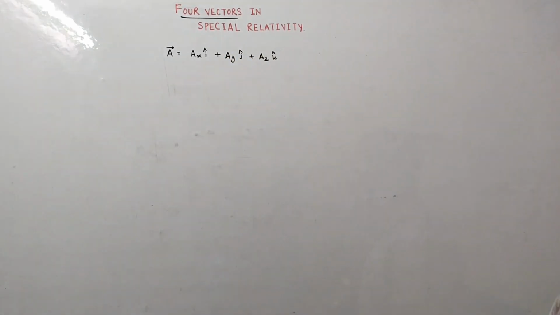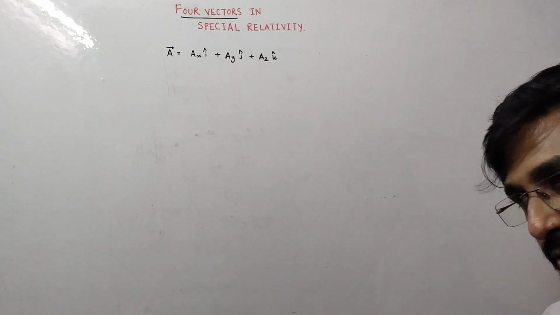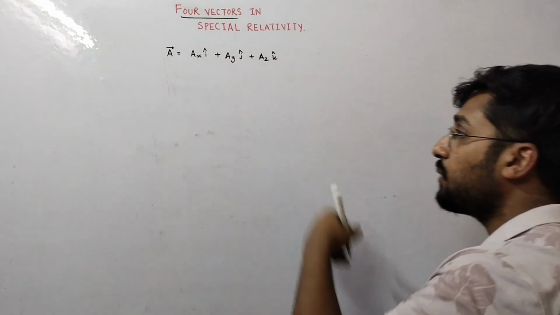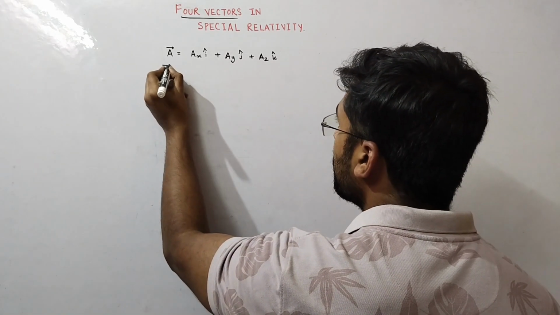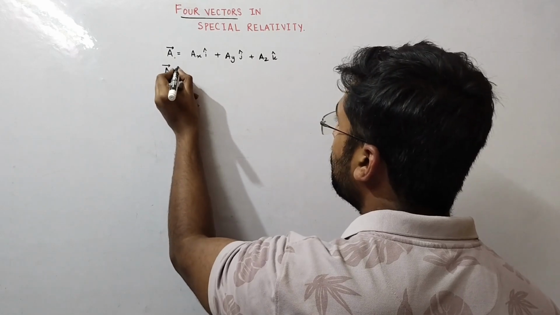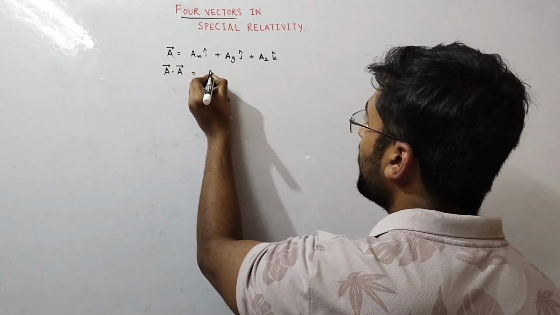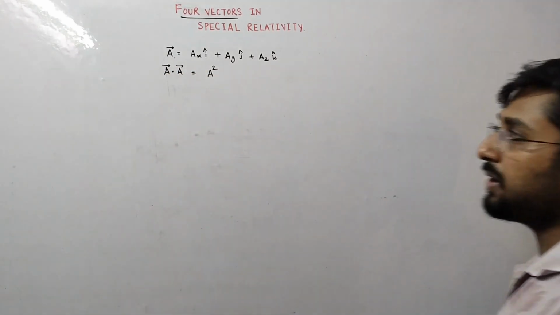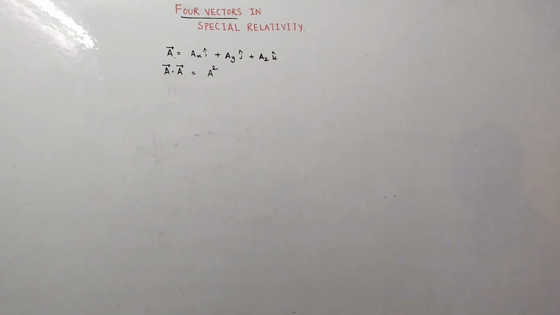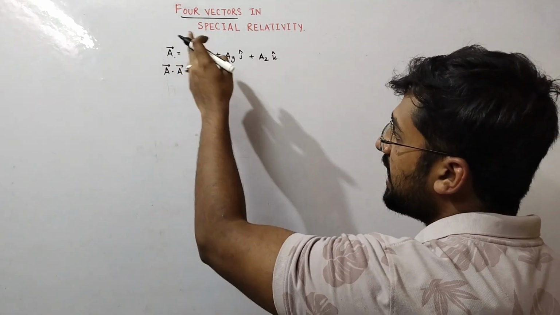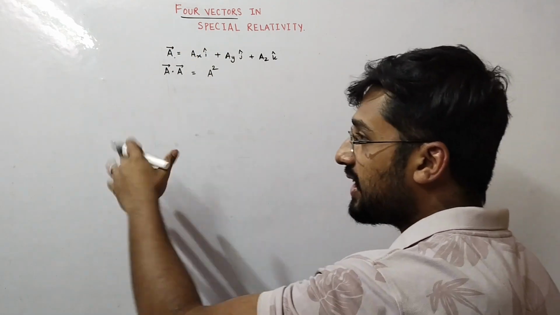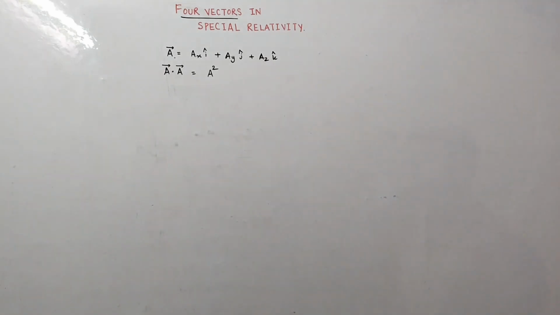If I take the dot product or inner product, which is basically the same thing in case of Euclidean space, of A with itself, that will eventually give you the magnitude of that particular vector squared. It will basically give you Ax square plus Ay square plus Az square. That is basically the magnitude of A square, right?